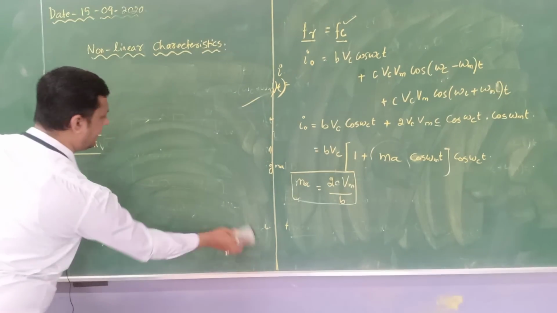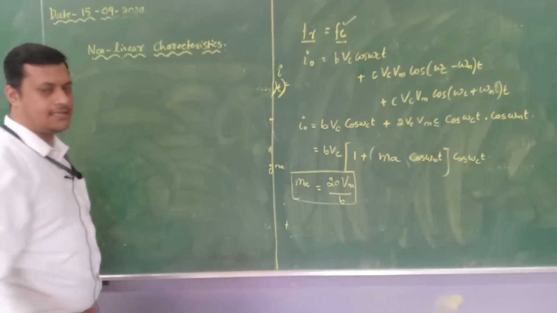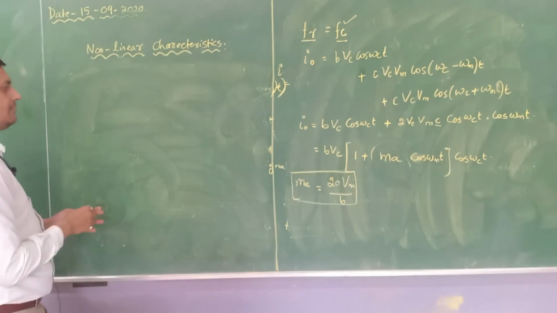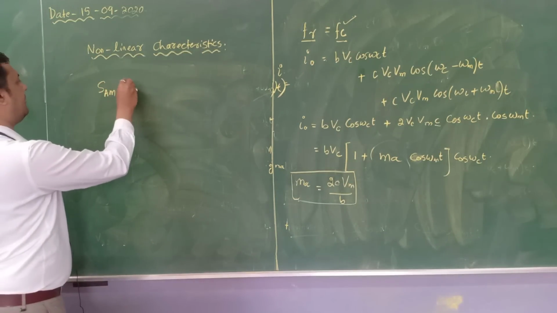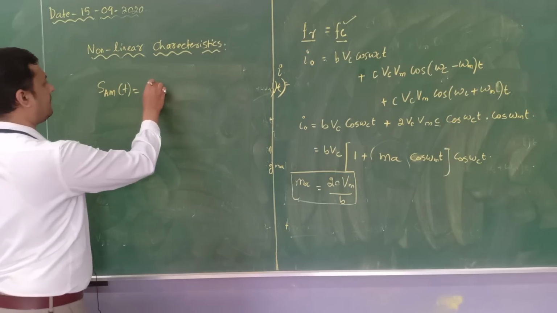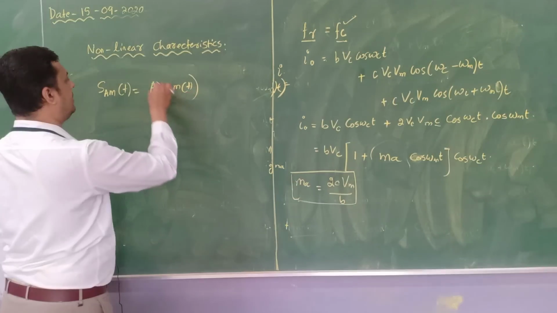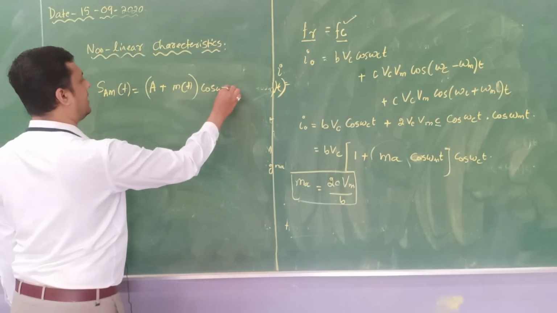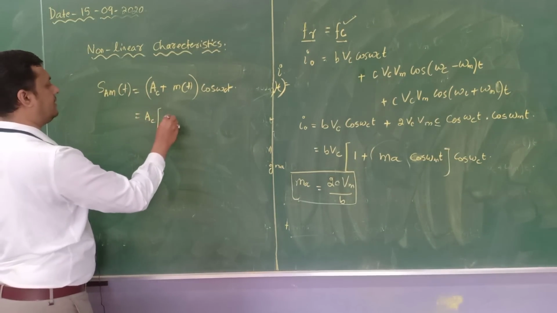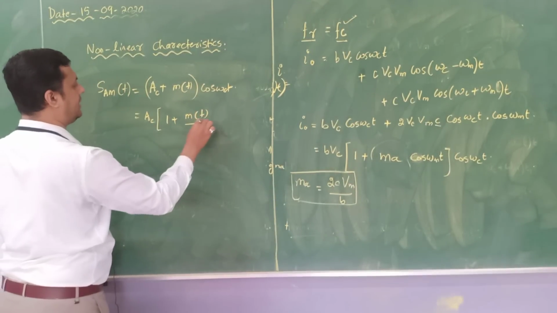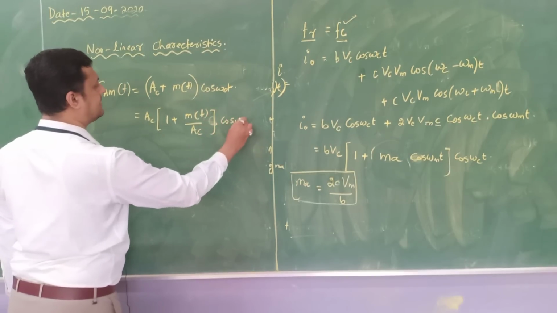So whatever output we are getting is the AM current, and the AM current is represented in terms of potential. So S suffix AM, the general equation is A plus m of t whole into cos omega Ct. Taking AC common: AC into 1 plus m of t divided by AC, whole into cos omega Ct.